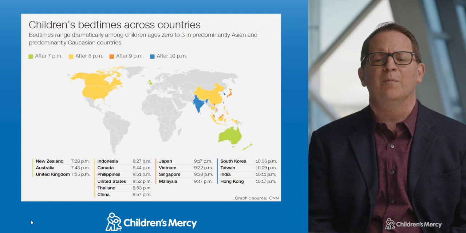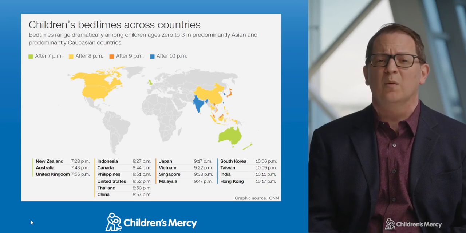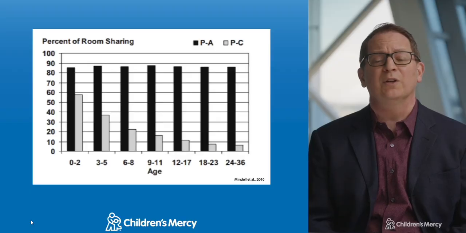You can see on the map on the left that that looks at different bedtimes across countries, predominantly Caucasian and Asian countries. That's what this study was about. They, I believe, surveyed near 30,000 families for this internet survey. And then on the right, you can see that room sharing frequencies vary greatly.